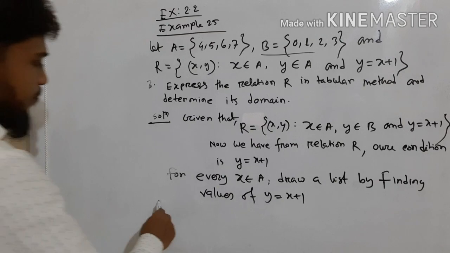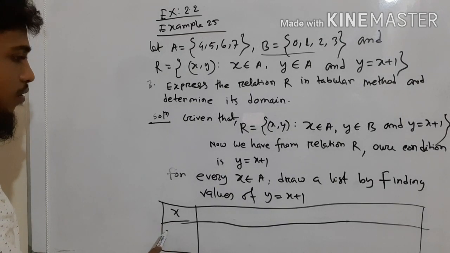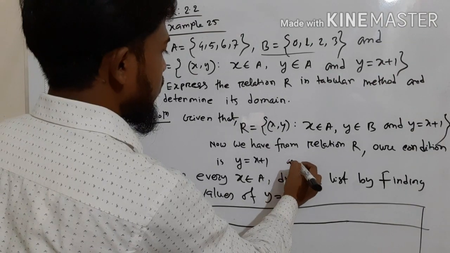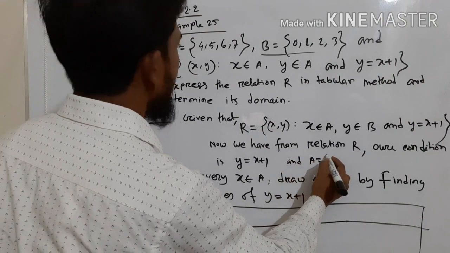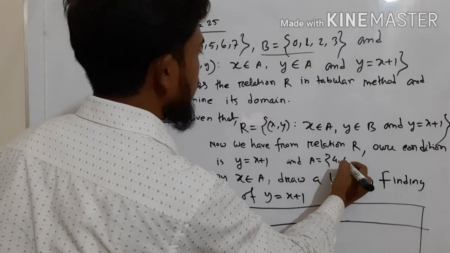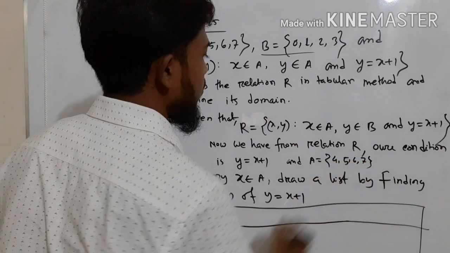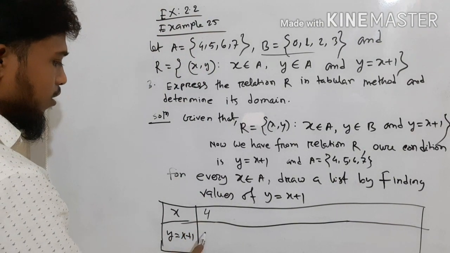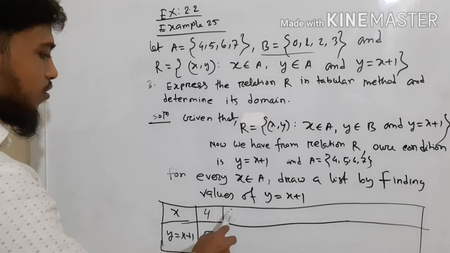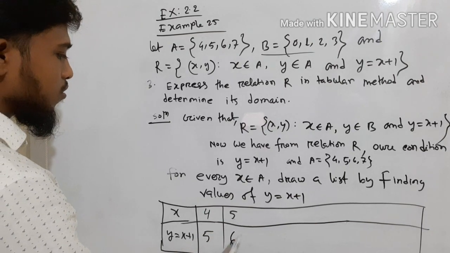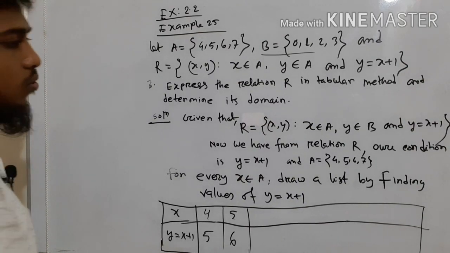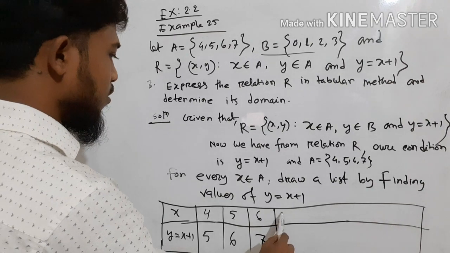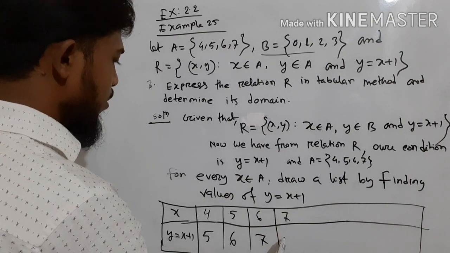So this is x, y equal to x plus 1. A equal to our set {4, 5, 6, 7}. So if we put x equal to 4, then y equal to 5. If we put x equal to 5, then y equal to 6. If x equal to 6, then y equal to 7. If we put x equal to 7, then y equal to 8.